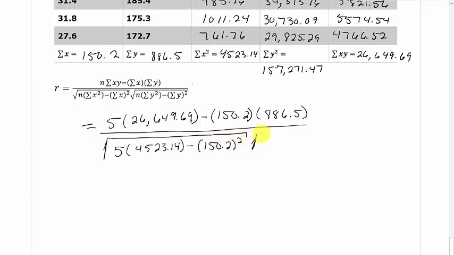And then times the square root of n, which is 5, times the sum of the y squareds. So that's this big number here, 157,271.47, and then minus the sum of the y's squared. So that's 886.5 squared.